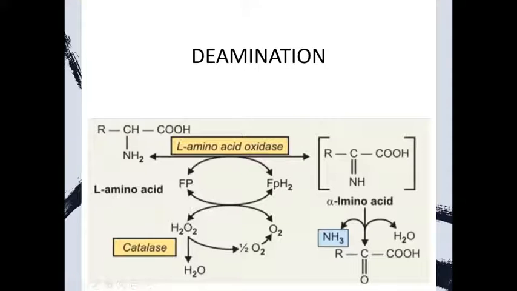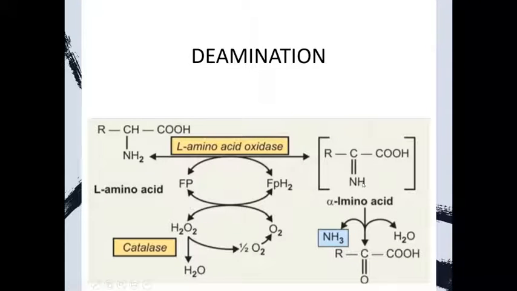Now next is deamination. In the deamination procedure, the amino group of the molecule is removed. In this picture, you can see the amine group. In the presence of the enzyme L-amino acid oxidase, it catalyzes this amino acid into the alpha imino acid, with a double bond along with the carbon and NH.